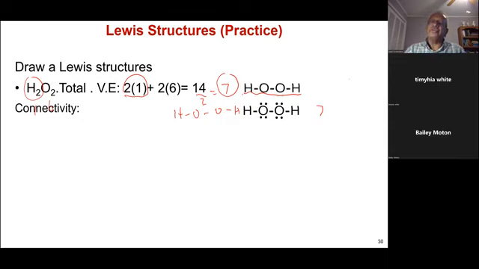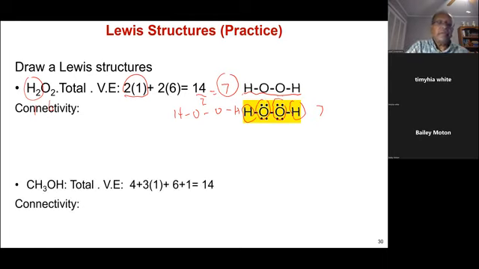It also shows both oxygens have an octet and hydrogen has a duet. So it's a stable molecule, hydrogen peroxide, because all atoms have a noble gas configuration. This is the Lewis structure of hydrogen peroxide.